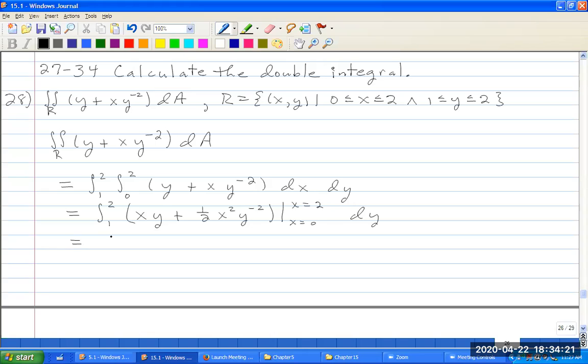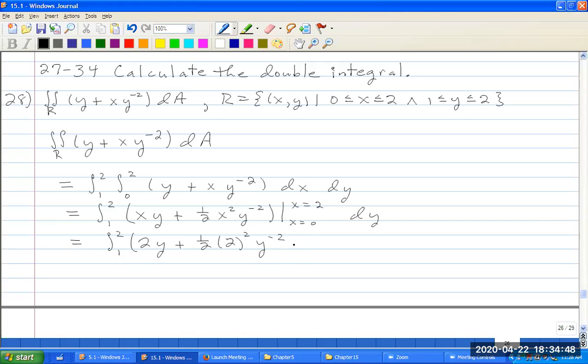So this is equal to the integral from 1 to 2. I'll plug in a 2, so it gives me 2y plus 1/2 times 2 squared times y to the negative 2, minus, well, plug in 0, and you're going to get 0 for both of these, so that's not going to make any difference.